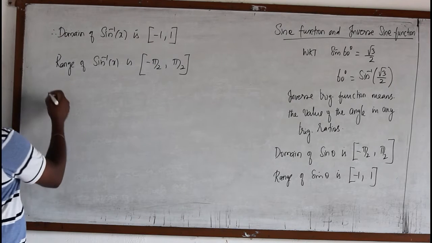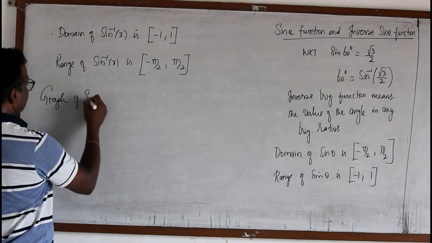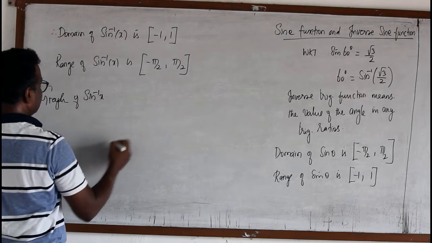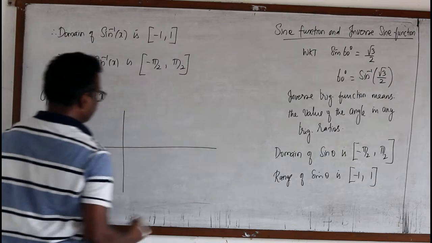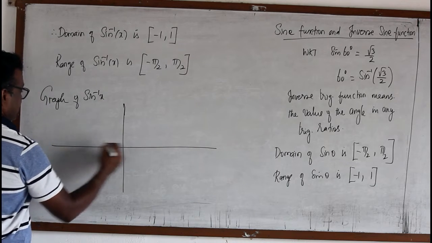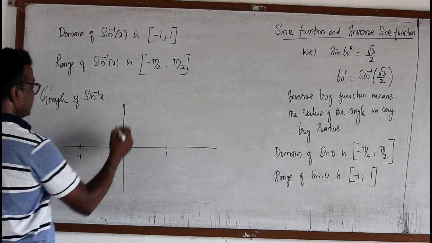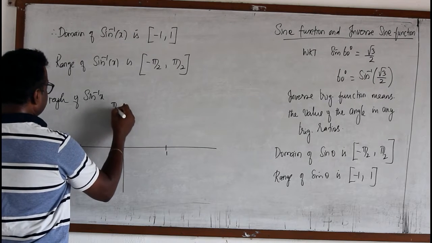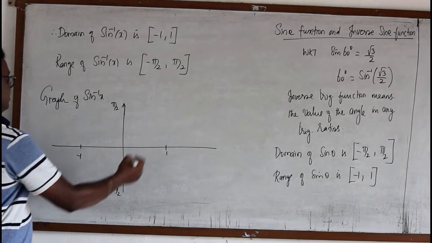Now the graph of sine inverse of x. We know the sine theta graph, but what is the sine inverse graph? The maximum value is 1 and the minimum value is minus 1, so it takes values from minus pi by 2 to plus pi by 2.